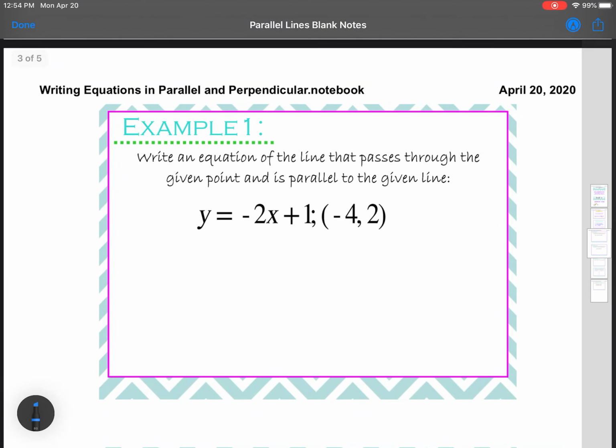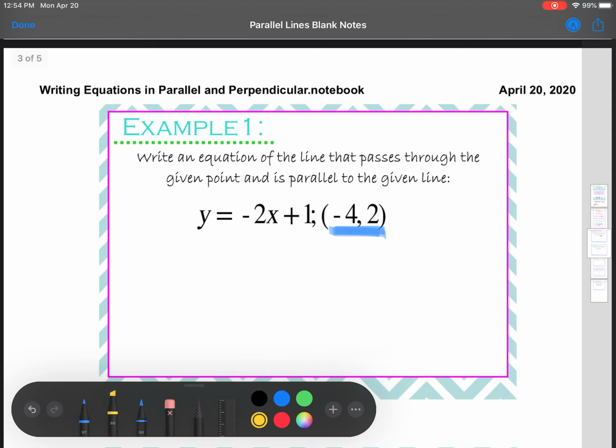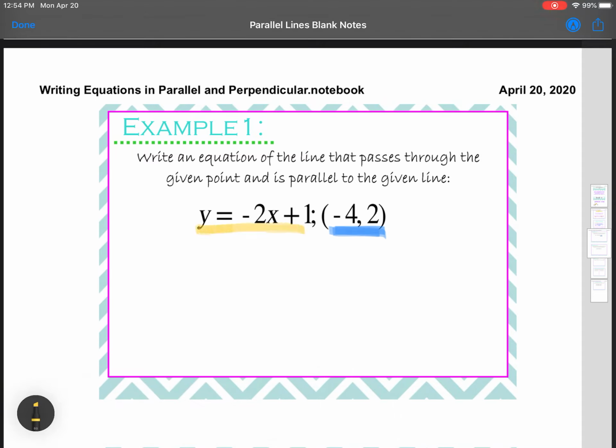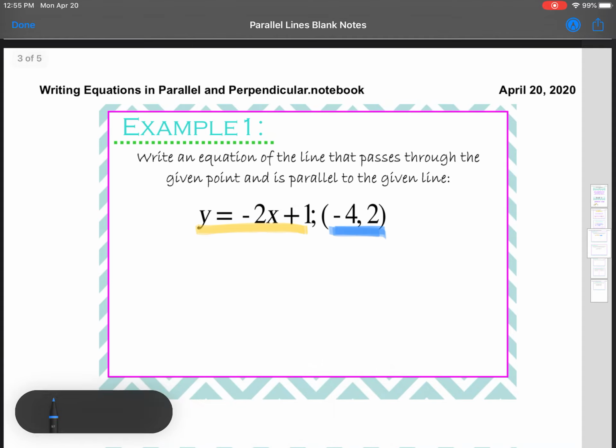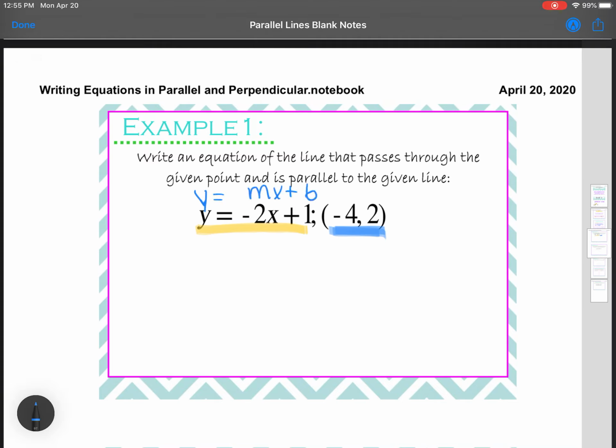Okay? So, in my first example, we need to write an equation of a line that passes through this given point and is parallel to this line. So, looking at this line, my slope in this line, y equals mx plus b, I'm going to rewrite that on top. Y equals mx plus b.